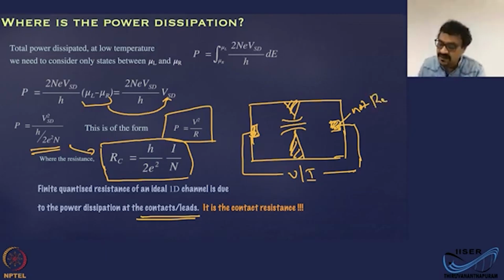The RC I'm talking about here is this: you have an integer number of channels, an integer number of modes in the channel, and as soon as these modes leave the constriction region, they are going to merge with many modes here.